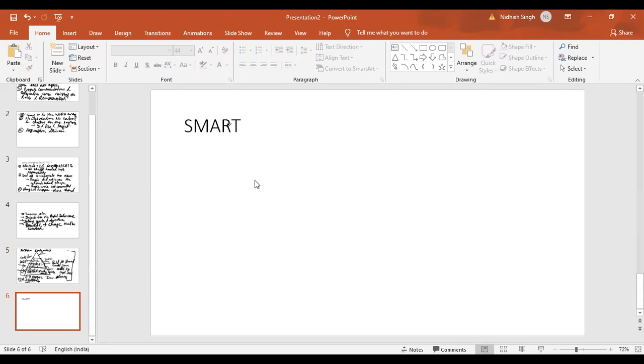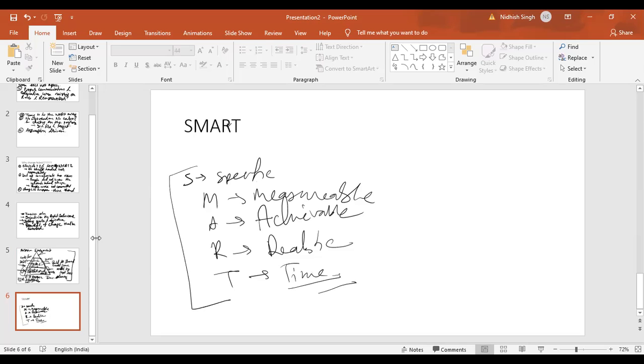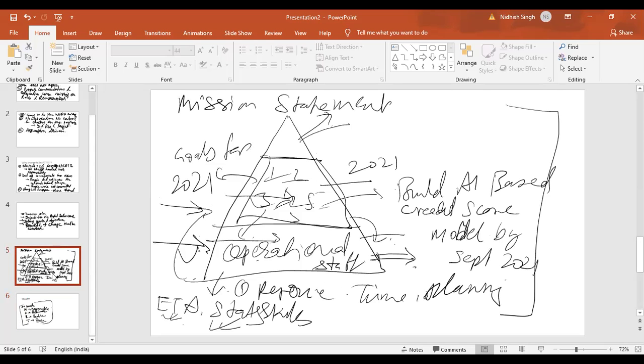And what is the meaning of this acronym? SMART: specific, measurable, achievable, realistic, time-bound. So these have to be sensible goals and sensible objectives, which should flow from the mission statement to goal setting and then target setting.